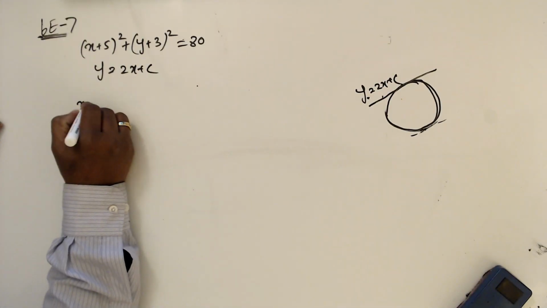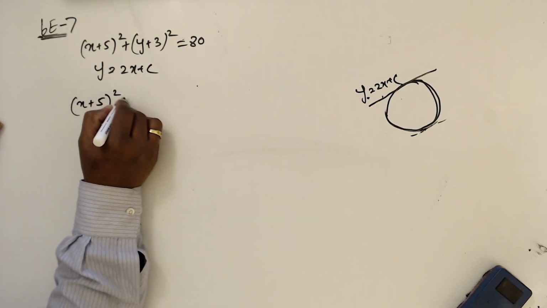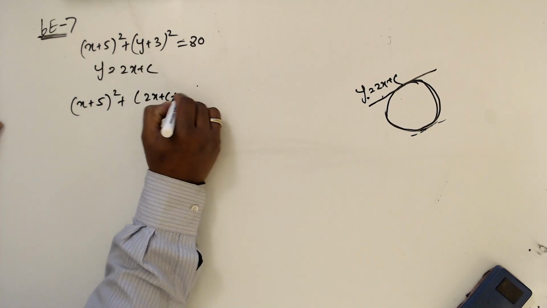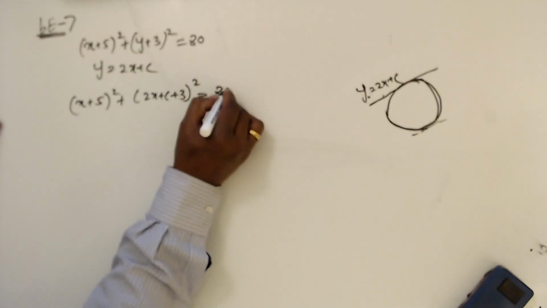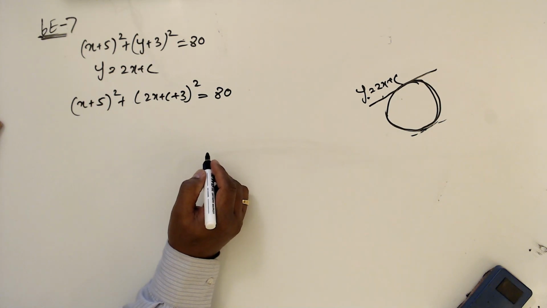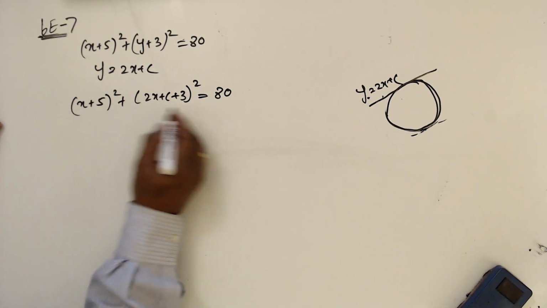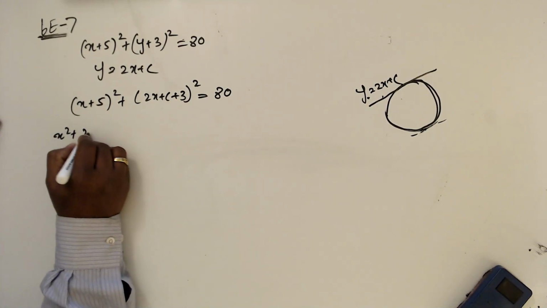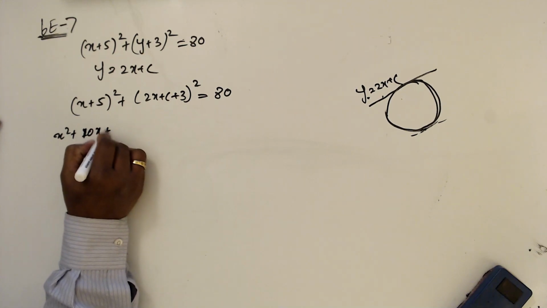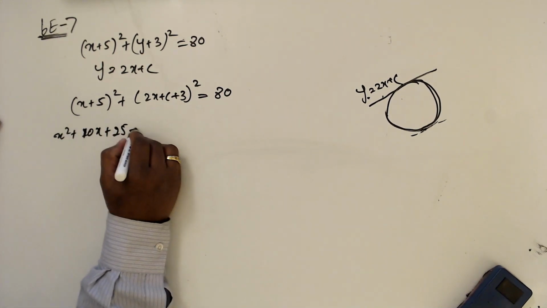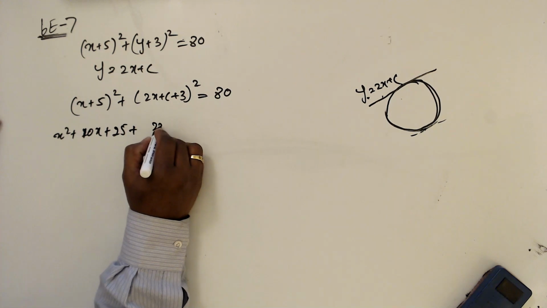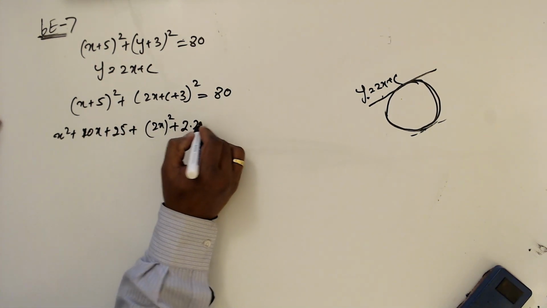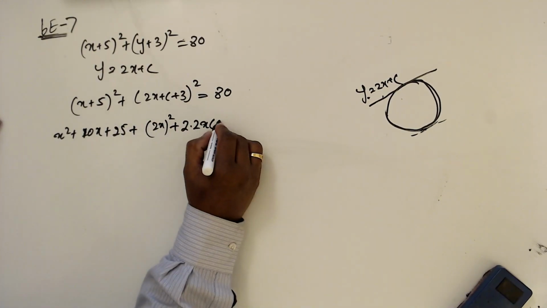Then x plus 5 square plus y, which is 2x plus c plus 3 square, equals 80. Now I am expanding this. x square plus 10x plus 25, plus 2x square plus 2 times 2x times c plus 3.